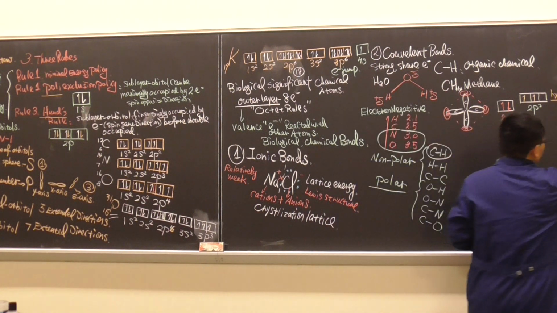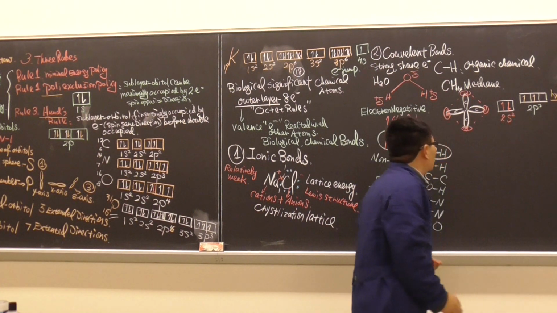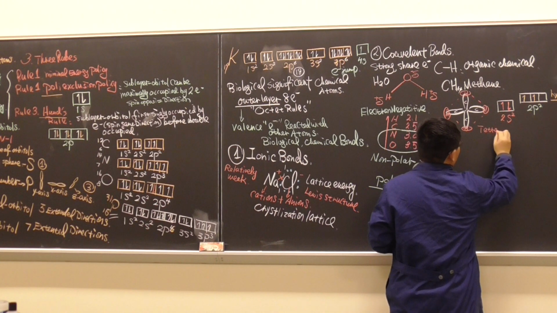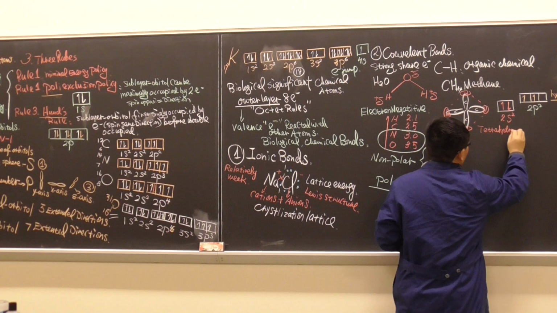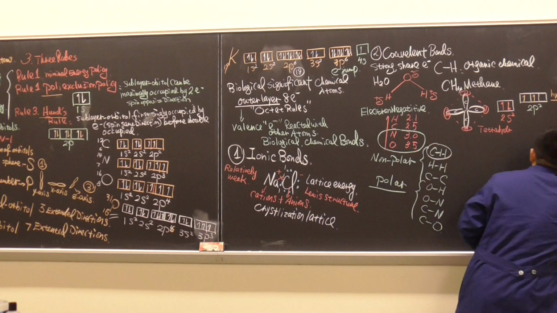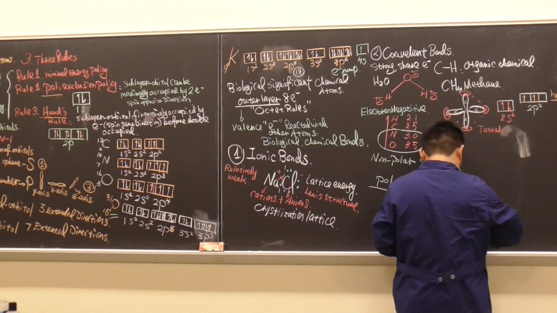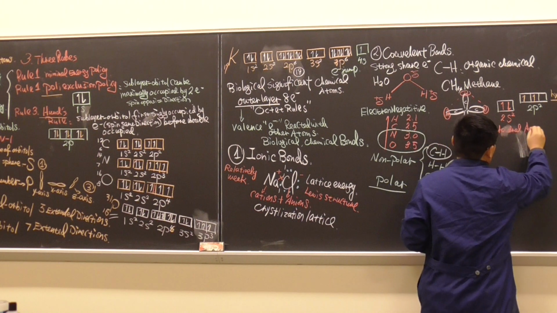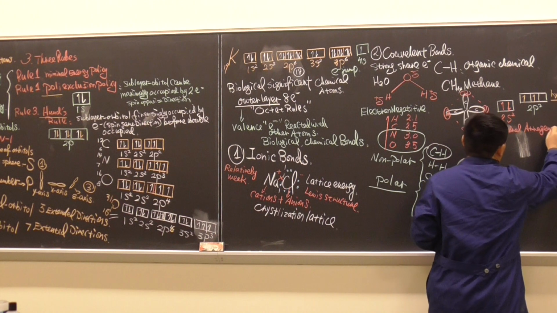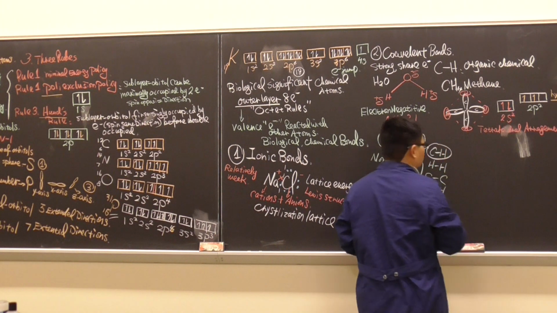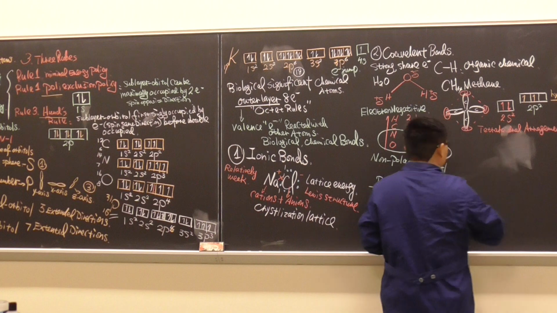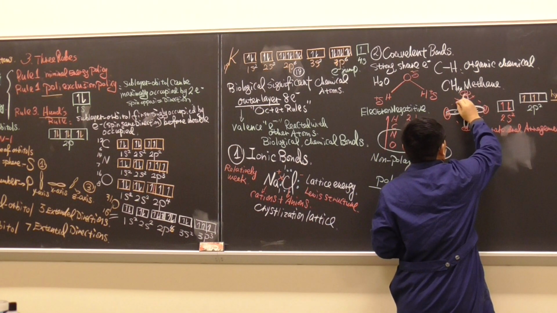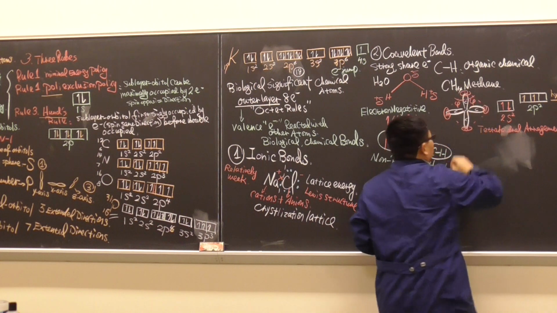Now, why is the sp3 hybrid important? Because they will form what is called a tetrahedral arrangement. When they become a tetrahedral arrangement, these will actually form a theta angle.